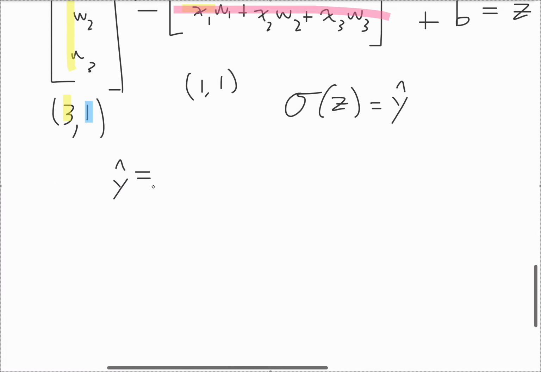So y hat equals sigmoid of x times w plus b. And that's it.